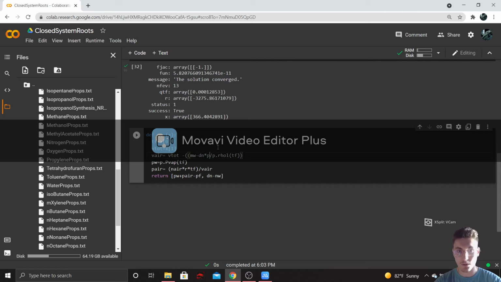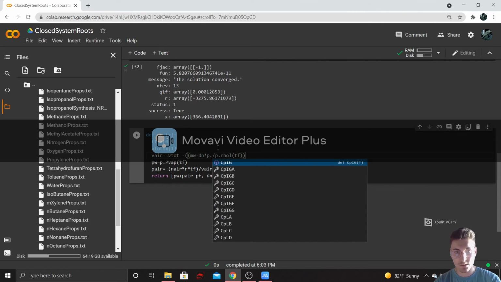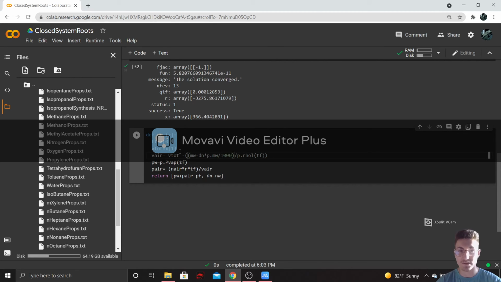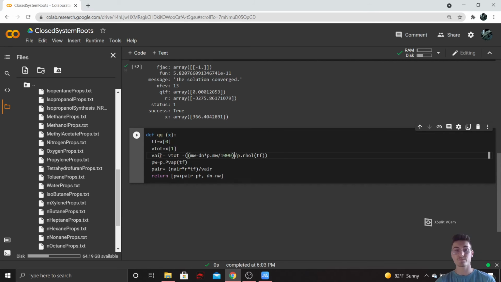So we can do P dot molecular weight, and then divide that by 1,000 to convert it to kilograms. And then if we close it off, then we divide that by the density. Now the volume of the vapor phase, it says air here, should now have changed.